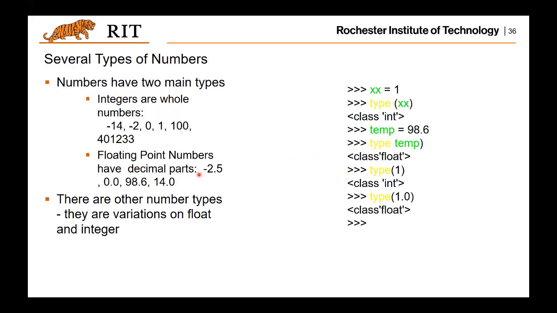Basically, something like negative 2.5 or 98.6, these are floating numbers. Okay, got it. So a floating number is just any number that's not an integer? You can understand it like this. Yeah, you could understand it this way. These are the most widely used ones.